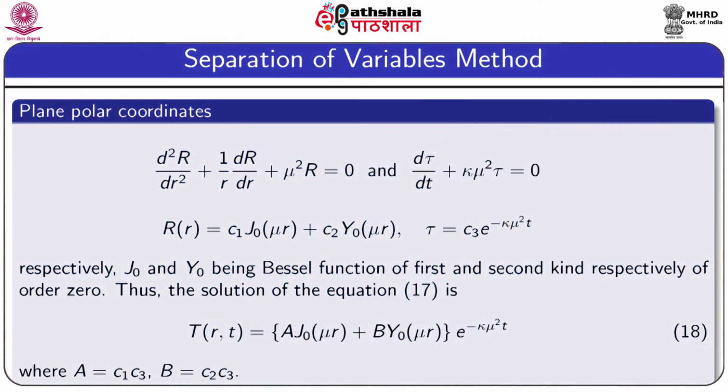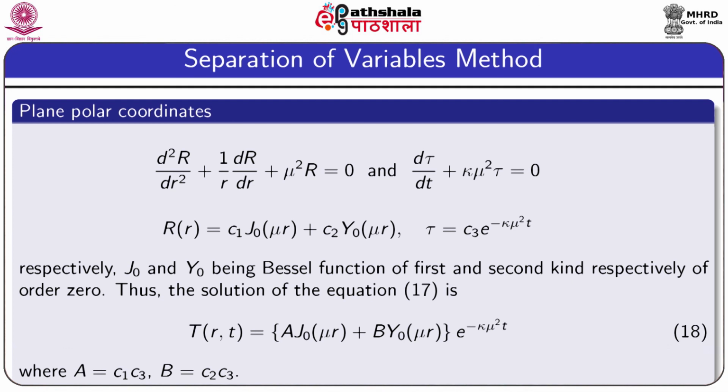Now, if we look at the equation for capital R, this is again a Bessel differential equation of order 0. So its solution is a linear combination of Bessel's functions of the first and second kind. So capital R can be written as C1 J0 plus C2 Y0.